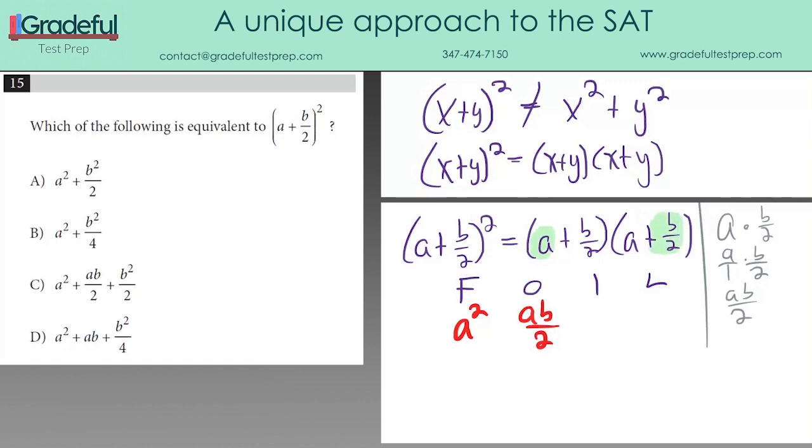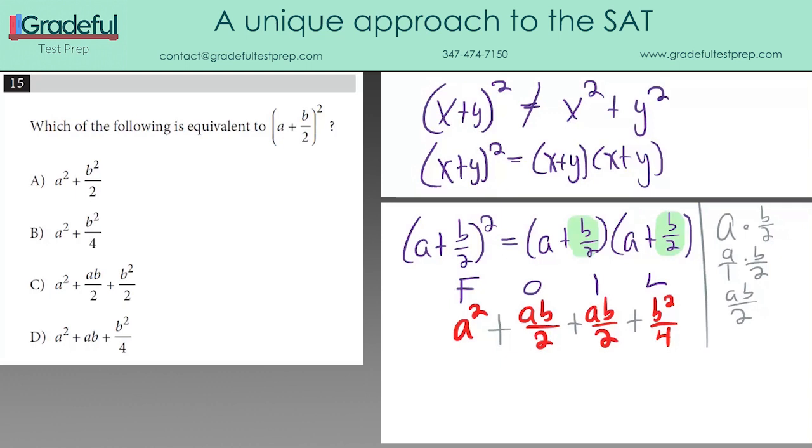But going back to our FOILing, outer times outer is once again a times b over 2. So we'll also have ab over 2 for that. And last times last is b over 2 times b over 2, and that'll be b squared over 4. And all these things are being added to one another because we didn't have any negative signs in any of this.